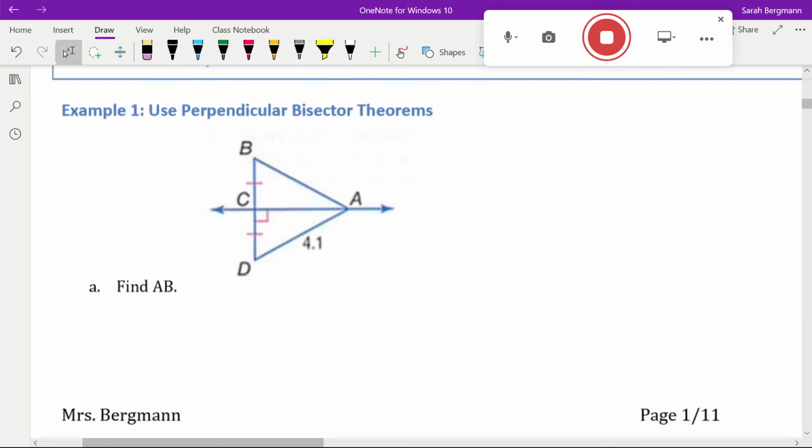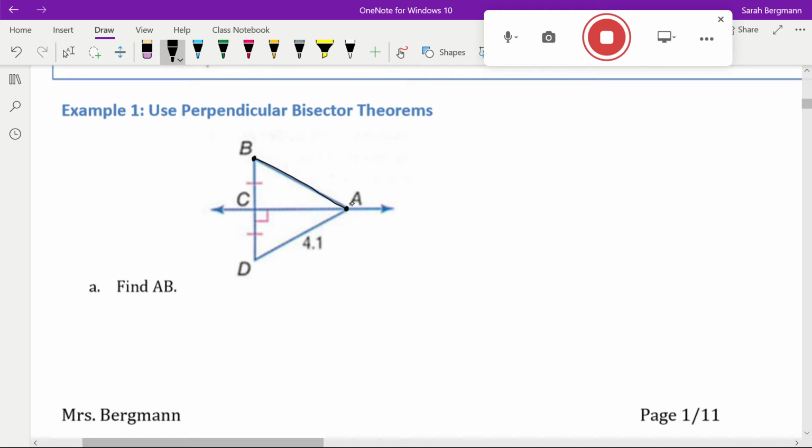All right, let's do some practice problems. It says find AB. So that's the length from A to B. Now I see that segment BD is being bisected by line AC. It's being cut exactly in half, and also line AC is perpendicular to line BD.